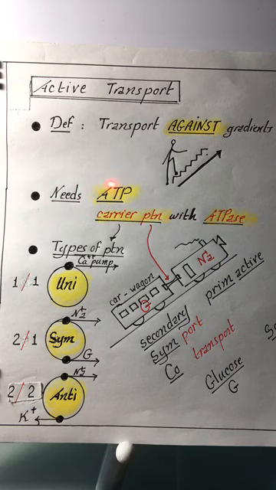But for a smarter student, it needs as well a carrier protein with ATPase activity to break down the ATP and liberate the energy. So we do not need only energy, you have to say we need adenosine triphosphate and a carrier protein with ATPase activity.